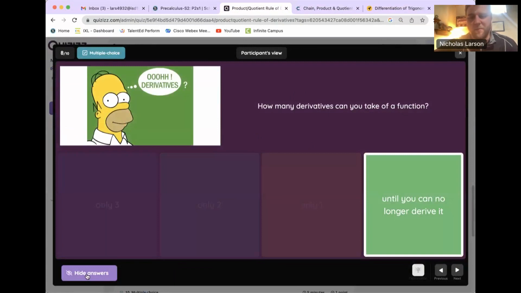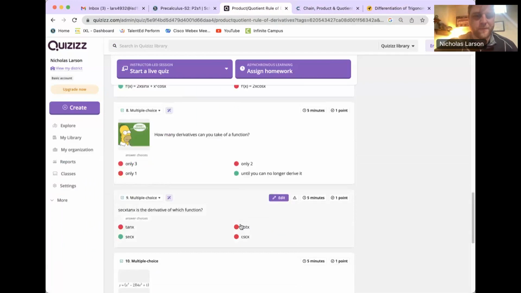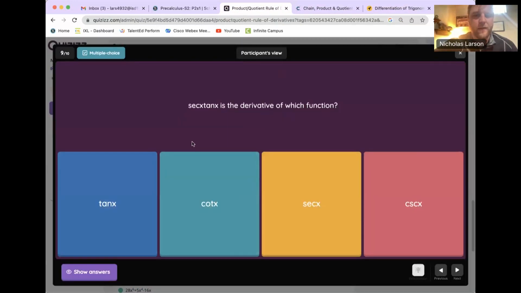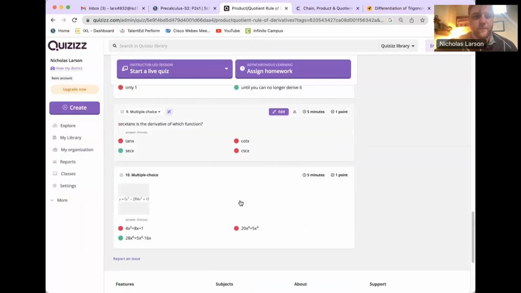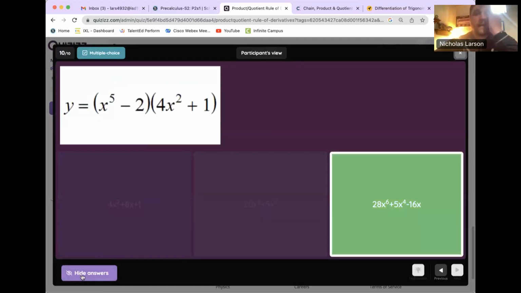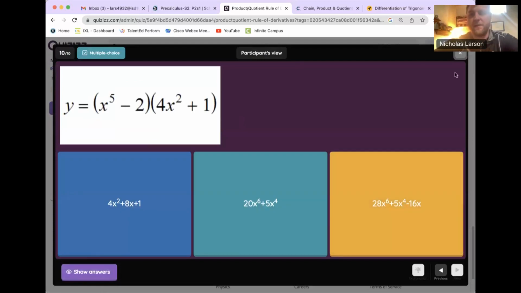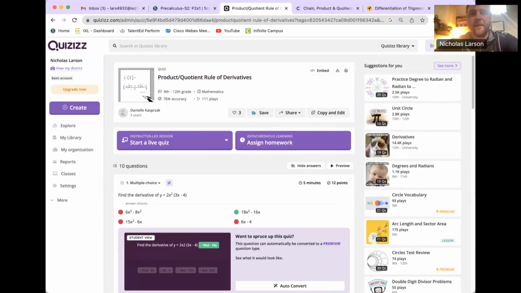So you could keep going, depending on how big that exponent is. You may have to do it a lot of times until you run out. First times derivative of the second plus second times derivative of the first. Product rule.